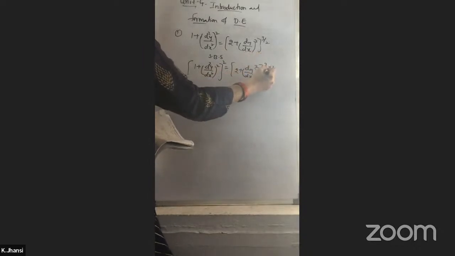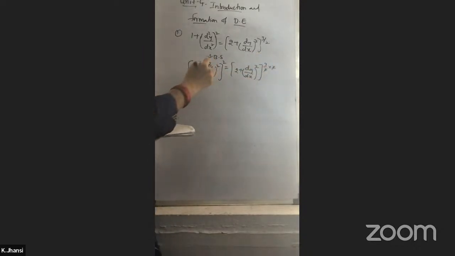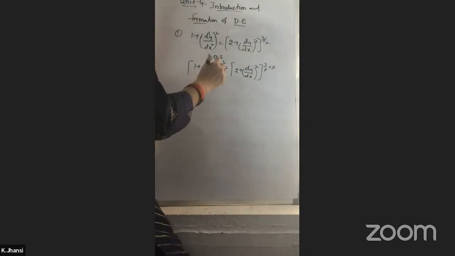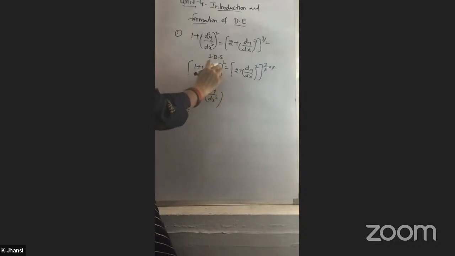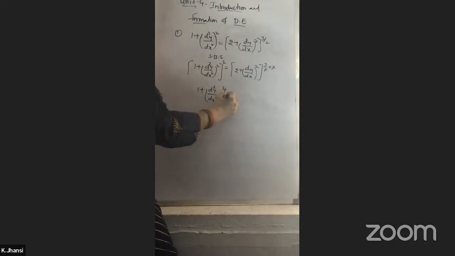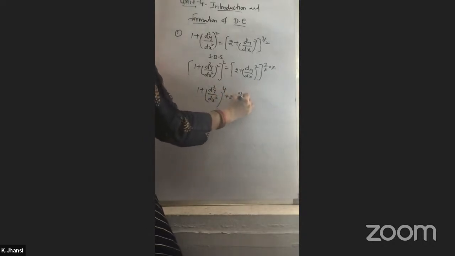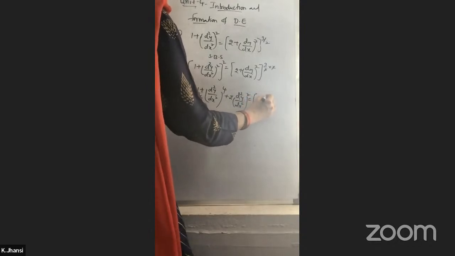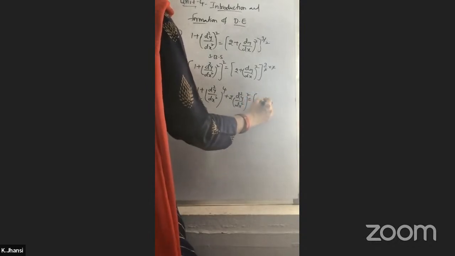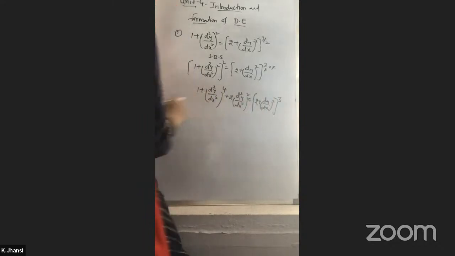Okay. So this 2 will get cancelled. So what we get here is 1 plus, if we square this one, 1 square is 1, d square y by dx square into square means you will get 4 plus 2 d square y by dx square whole square. Okay. So it is equals to (2 + (dy by dx) whole square) cube.